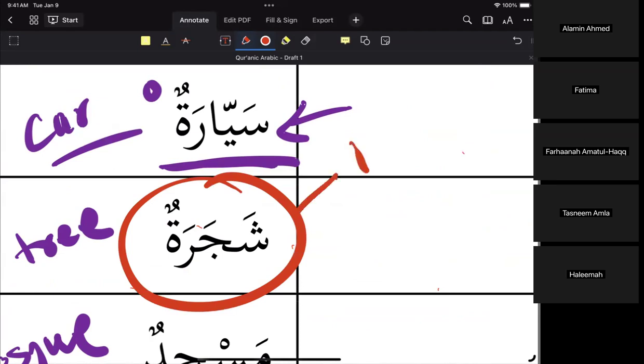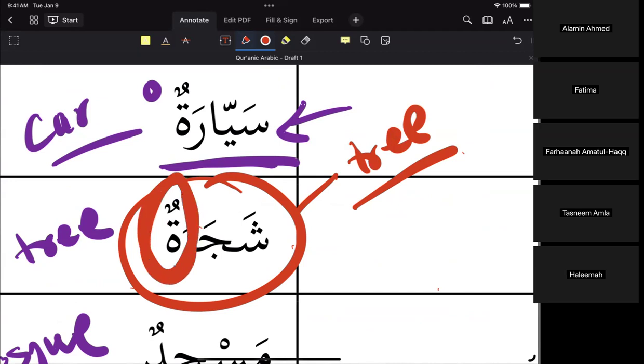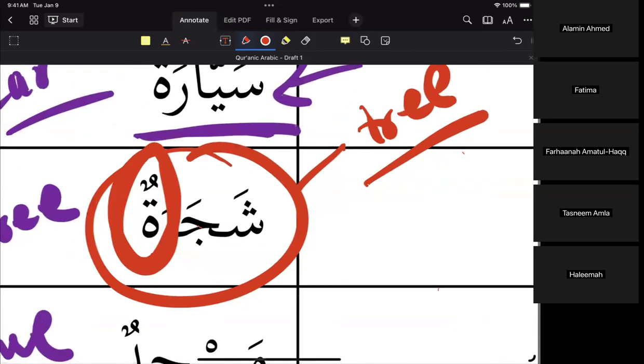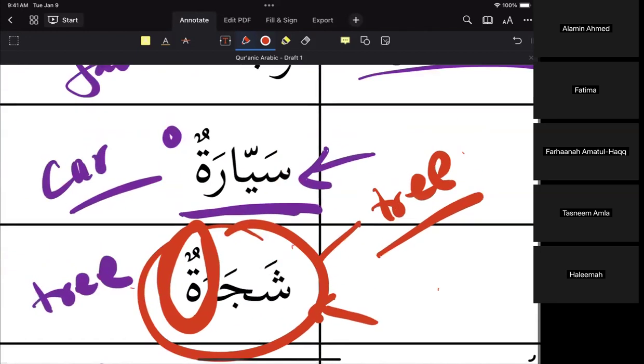Shajara is tree. We will consider this one as feminine because it has ta marbuta. Remember, when we have ta marbuta, we don't say the tree is feminine. That's not what we're saying, guys. We're saying the word is feminine. Sayyara, we have ta marbuta.